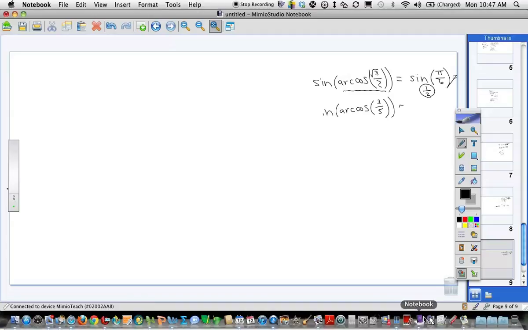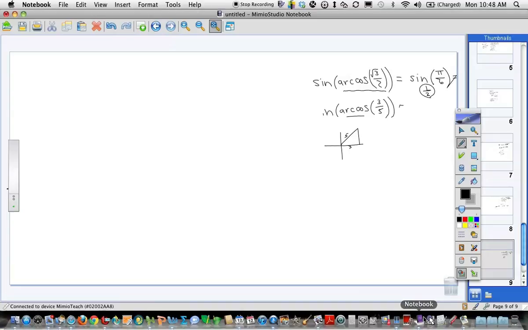Sine of arc cosine of 3/5. Well, again, you start on the inside and you say, well, what's the arc cosine of 3/5? Well, about the only way to do this is to draw a triangle. What's the angle whose cosine is 3/5? Well, SOHCAHTOA, adjacent over hypotenuse, because 3/5 is clearly not one of those special angles that we've memorized.